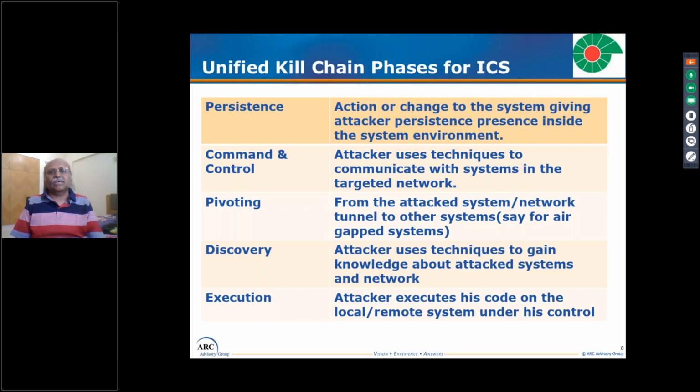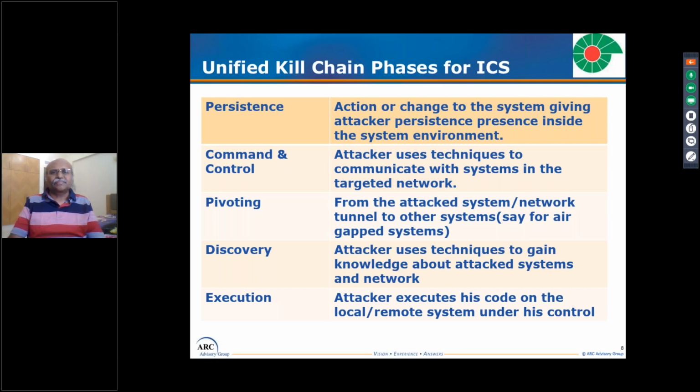Then discovery. The discovery is where he has to find out which is the right system to attack. Suppose I want to attack an SIS, safety instrumented system, that may be connected to a workstation, and that workstation may run on a PC. So he has to discover that particular PC before he delivers his malware and then attacks it.